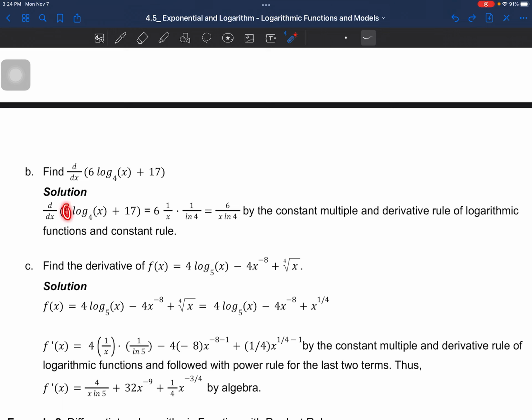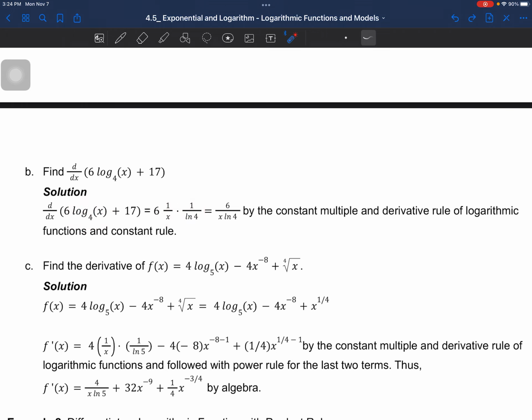All right, let's try another example. In example B, we're looking for the derivative of 6 times the logarithm base 4 of x, plus 17. It's almost the same as before, except here we have to consider the fact that we have a constant multiple, a constant being multiplied to a function. So remember, what does the constant multiple rule tell us? We just carry the constant and multiply by the derivative of the logarithm.